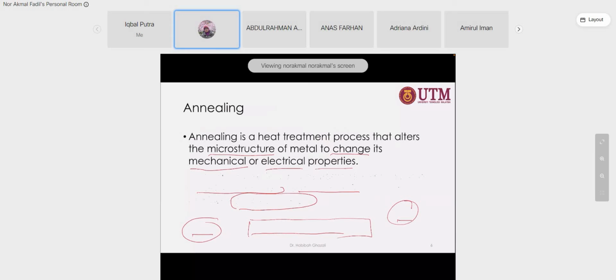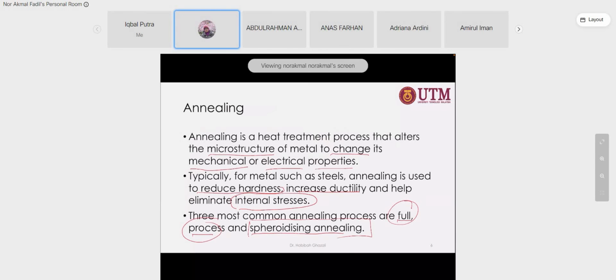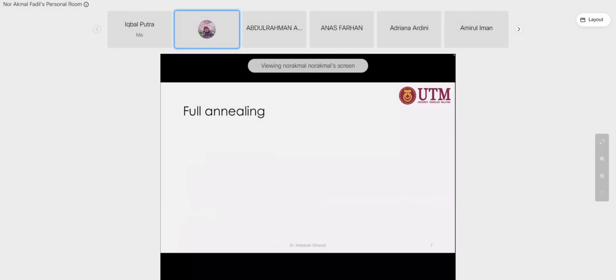Because the spheroidizing process will reduce the strength and promote ductility. So that's the reason this is very seldom applied in industry, because we really want the high carbon steel to be high strength.